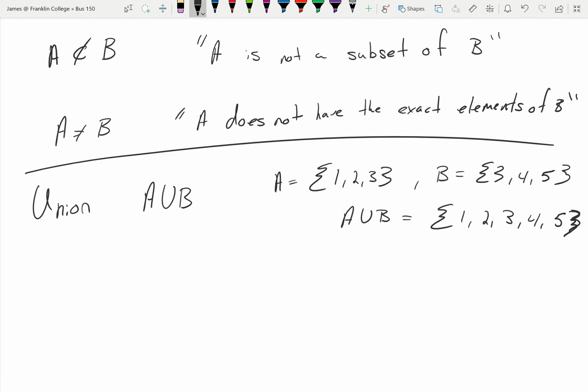Notice that the element 3 is in both sets, and we don't have to repeat it when we talk about the set A union B. We just state the element 3 once.